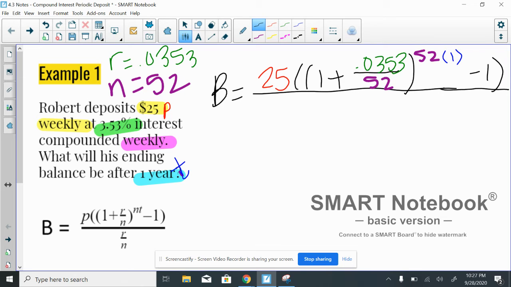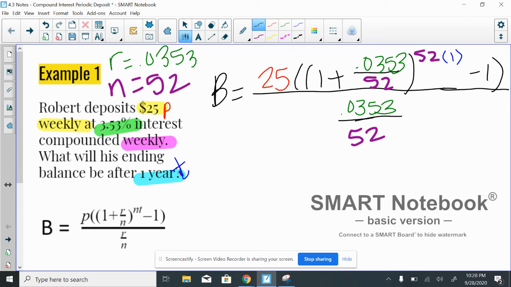You guys, that's just the formula that we're plugging into. So that's how that numerator needs to look. I know it's ugly. In the denominator, it's another fraction. It's the rate divided by n. So that's going to be 0.0353 divided by my n value of 52.